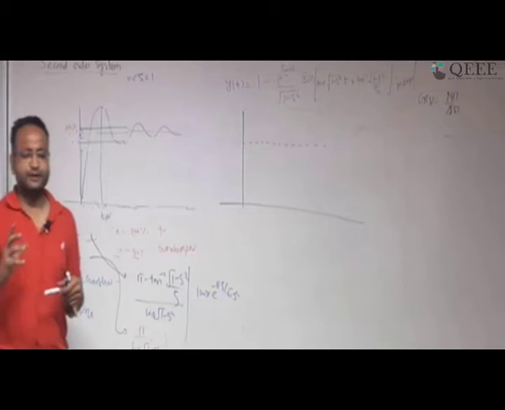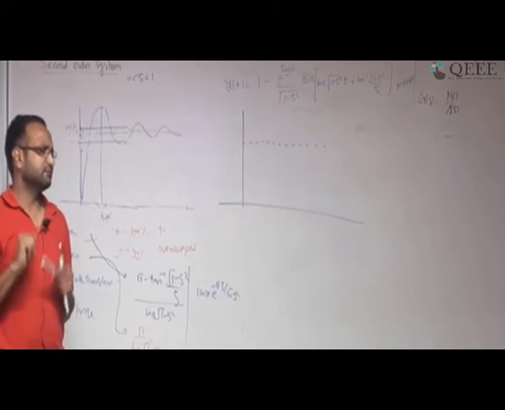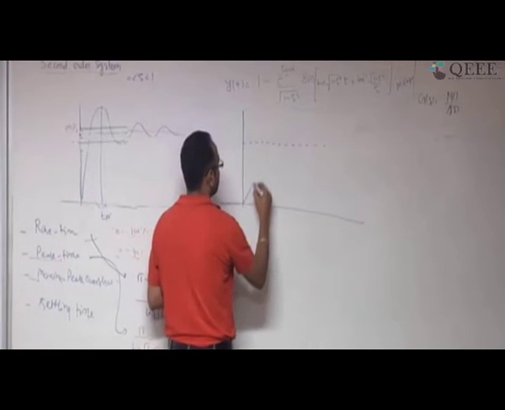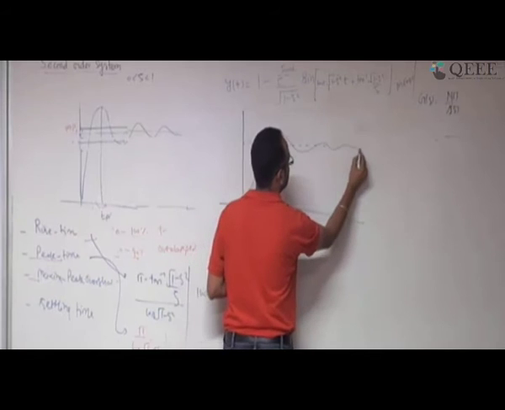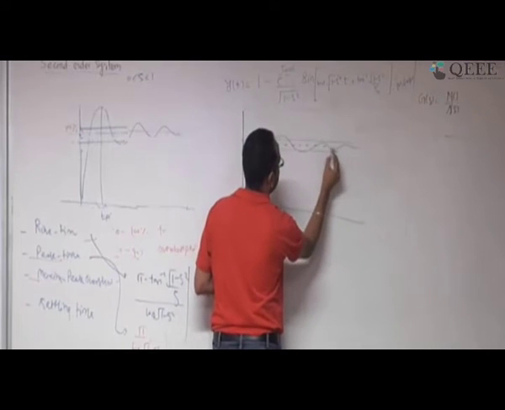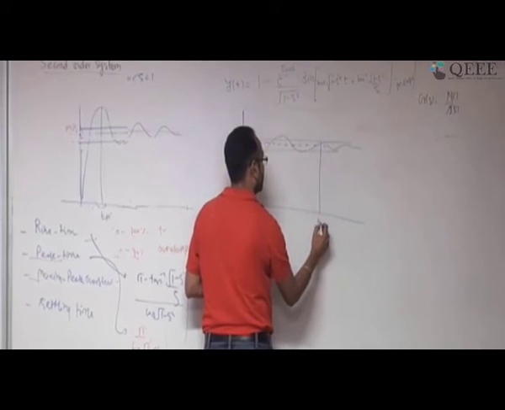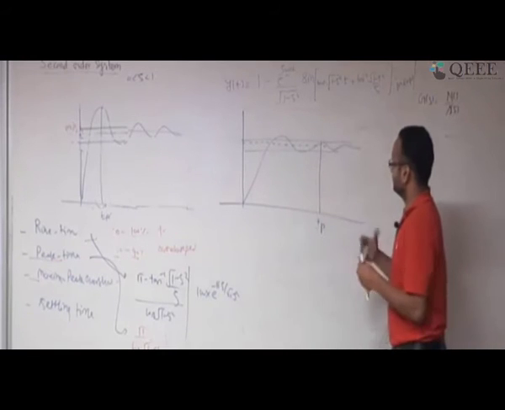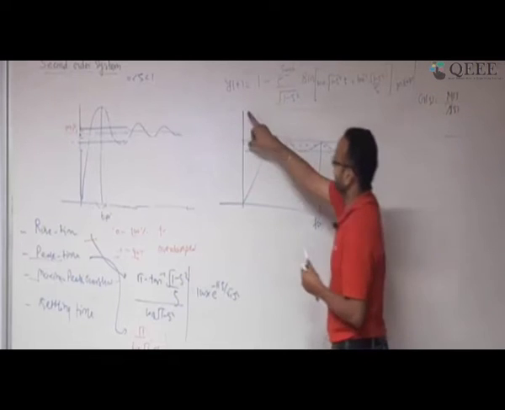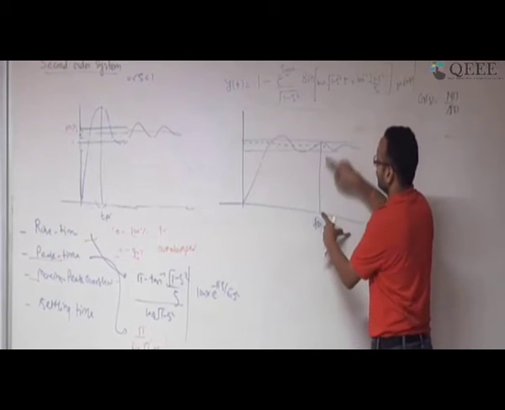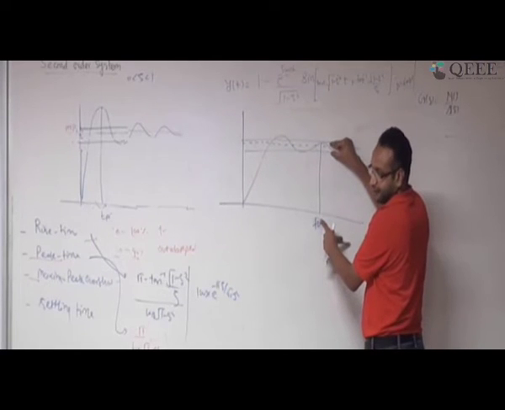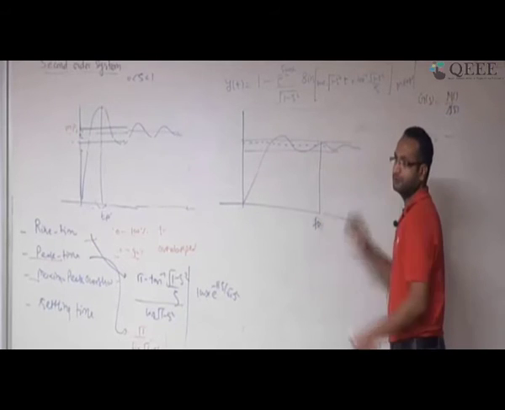The tolerance band is typically defined as 2% or 5%, it is well known. This is the response y(t) with respect to t. So I am interested in the time at which I will enter a tolerance band and not come out. That I want to say is the settling time.